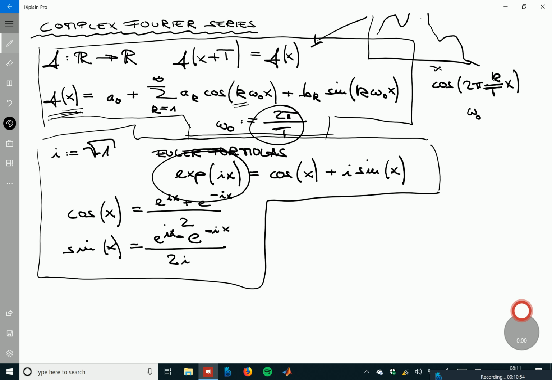If the technical literature were different, so that the Fourier transform would be defined in terms of cosine and sine, then we wouldn't have to bother with this, but it's not. So the Fourier transform itself is defined in terms of the complex exponential, and hence we need to talk about it.